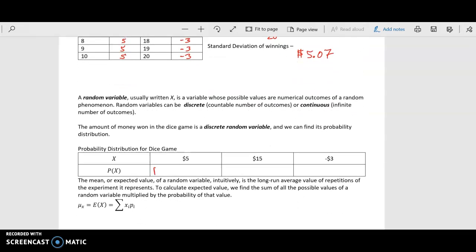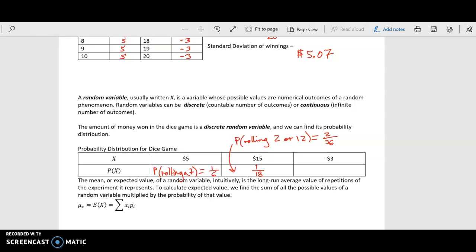The probability of rolling a 7 is 1/6, because there are 6 ways to roll a sum of 7 out of 36 possible choices, and 6 over 36 reduces to 1/6. What about winning 15? This is the probability of rolling a 2 or a 12, which is 2 over 36, or 1/18.